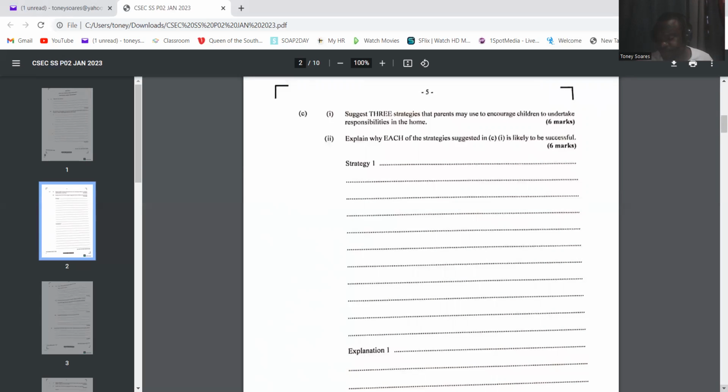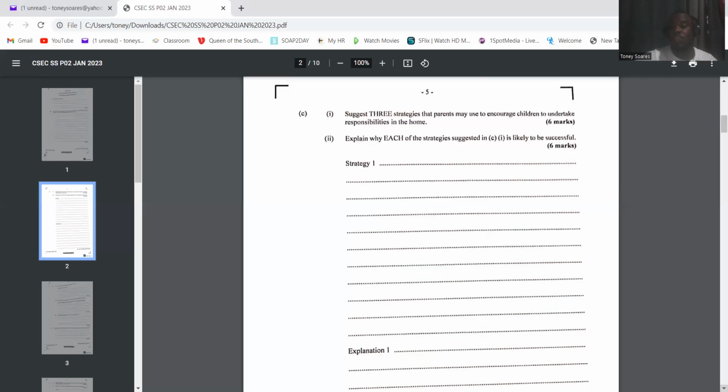Another strategy could be to ensure that the work is equally distributed. What parents can do is have a chore jar. Something like that would be successful. With a chore jar, all the members in the house would have a specific chore that they do, so the parent ensures that the work is equally distributed and no one sibling is being pressured to complete all the chores.